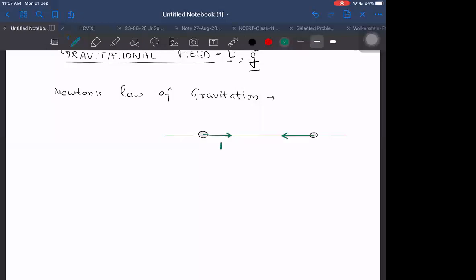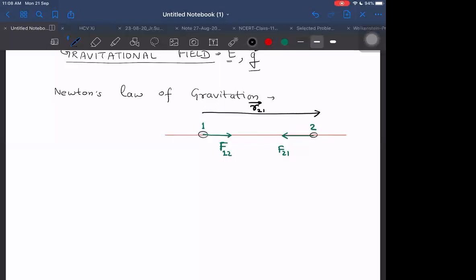Let us say it is particle number 1, particle number 2. Let's call this force as force acting on 1 due to 2, force acting on 2 due to 1. We have this position vector. We can represent it as position vector of 2 with respect to 1.